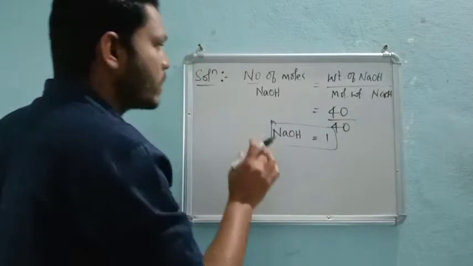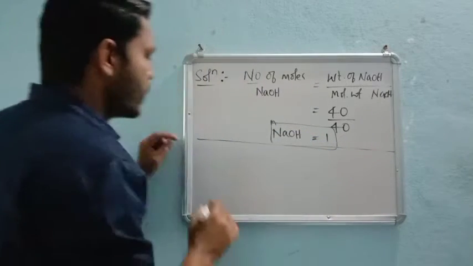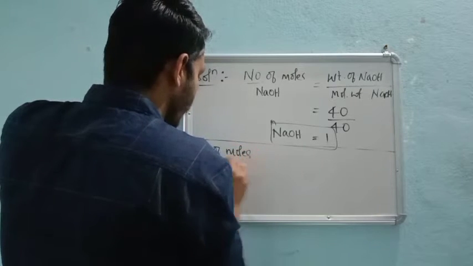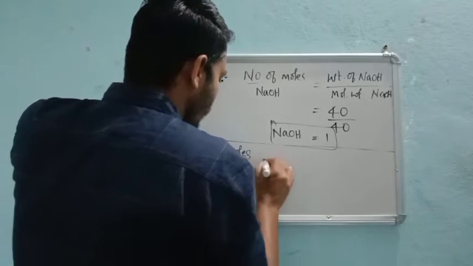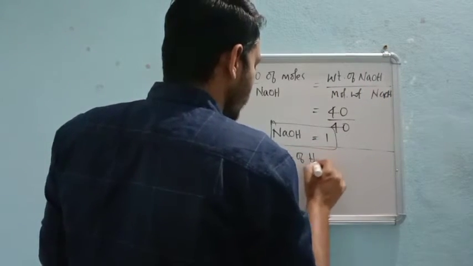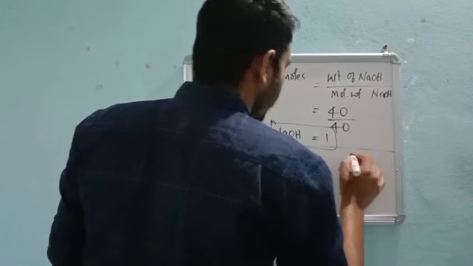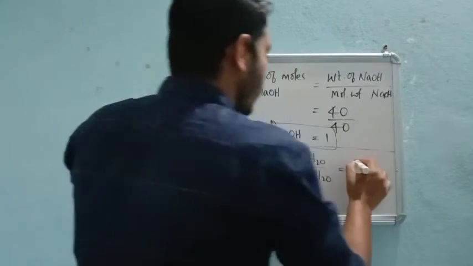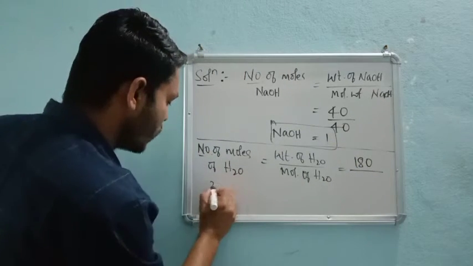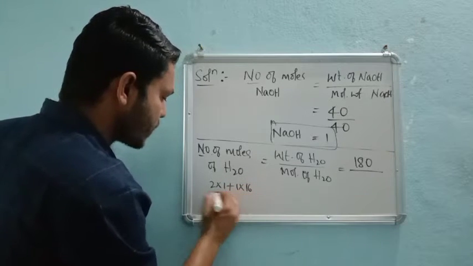Now the same thing we need to do for the water molecule also, because there are two components here. Next, the number of moles of water, H2O, is again the weight of H2O divided by the molecular weight of H2O. The weight is 180, given in the problem itself, and the molecular weight is 2 into H, H means 1, plus 1 into O, O means 16, so 16 plus 2, 18.